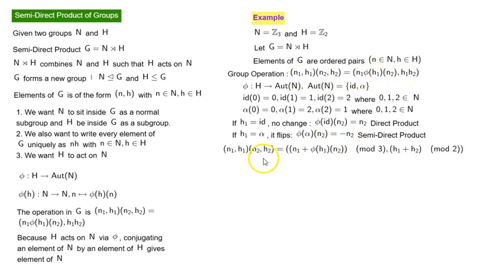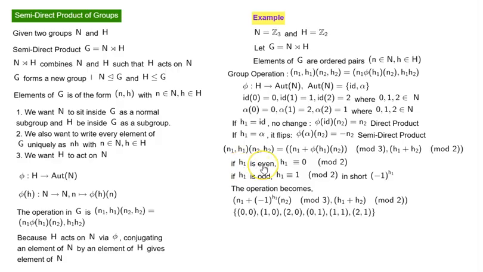This group operation now becomes (N1, H1) times (N2, H2), being specific to Z3, Z2, equal to N1 plus phi of H1 of N2. Because remember, group operation is addition modulo 3. So N1 plus phi of H1 of N2 mod 3, comma H1 plus H2 mod 2.